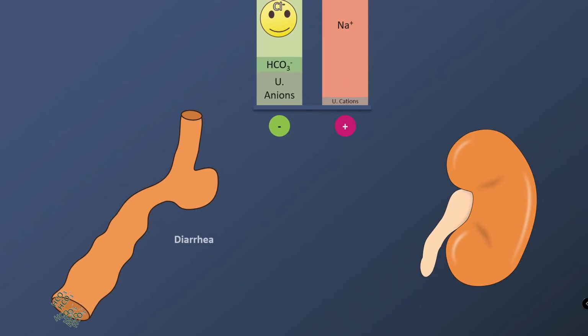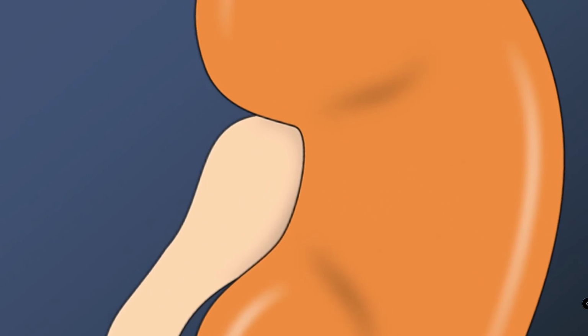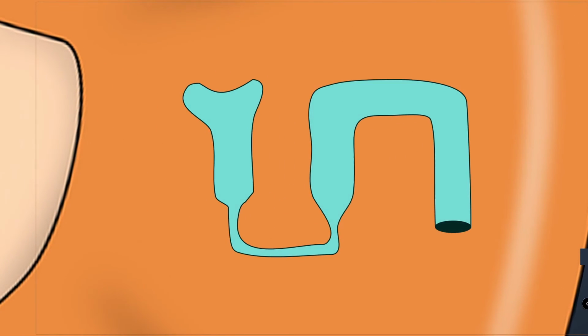The other route is through the kidney. It is a little bit complex, so bear with me. As you know, we have millions of nephrons, and here I am representing a single nephron of your kidney in a much simpler diagram. From the glomerulus, bicarbonate is filtered out into the Bowman's capsule, and this bicarbonate may be lost into urine.